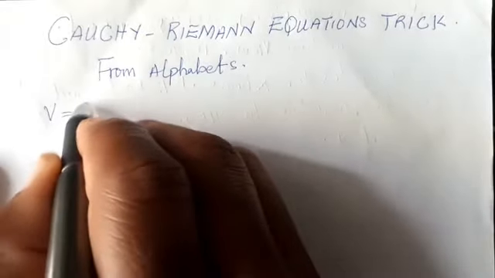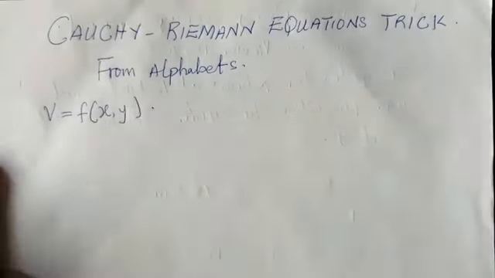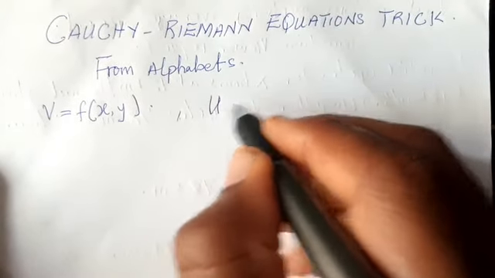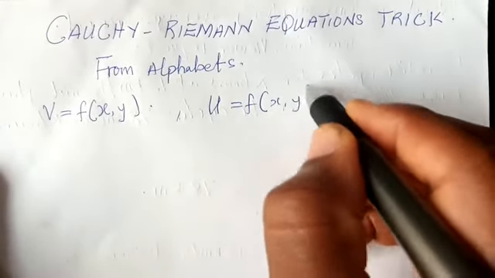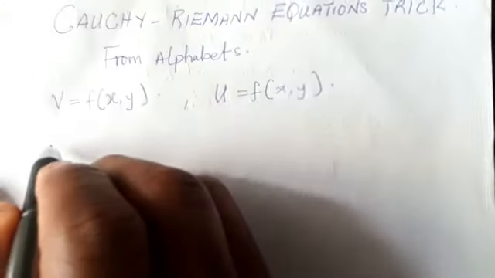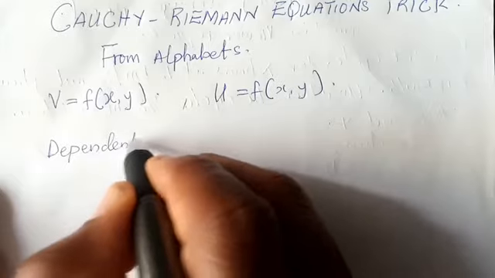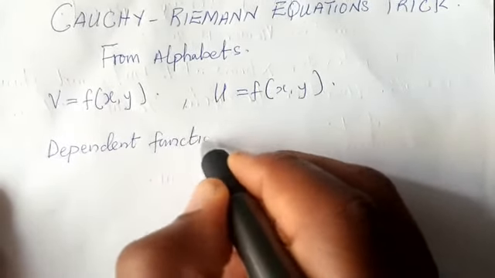So I'm going to be showing you that we have v, which is a function of x and y. I will have u as a function of x and y too. These are dependent functions, v and u, and then x and y are the independent variables.